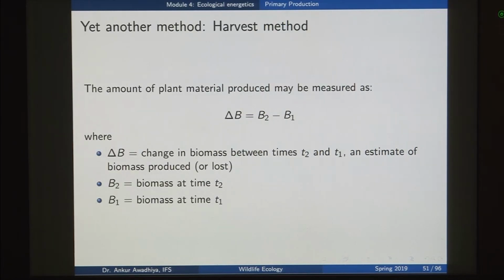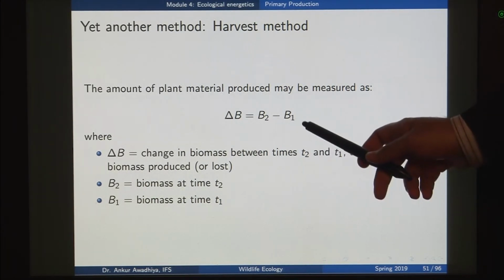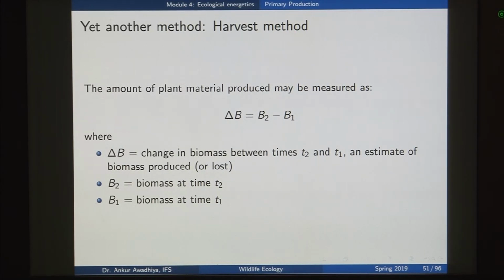Now, the third method, which is the easier method and is the most widely utilized method, says that the amount of plant material that is being produced can be measured as delta B, where B is the biomass. So, delta B is the change in the biomass between 2 time periods T2 and T1, and B2 is the biomass at time T2 and B1 is the biomass at time T1.